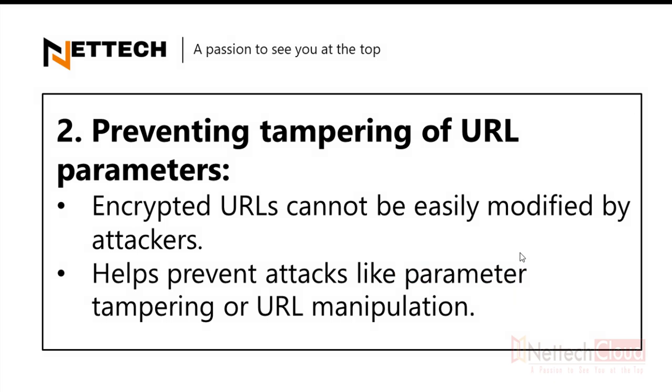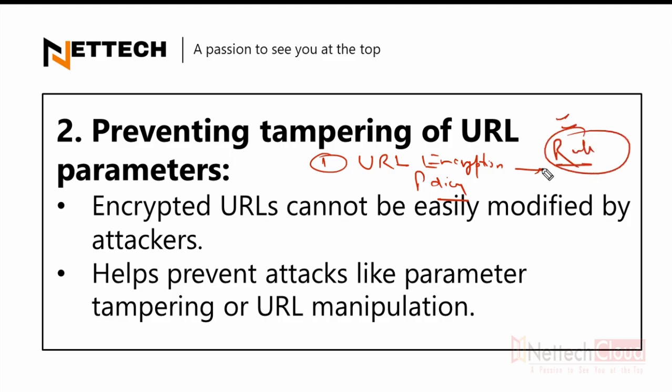So let me show you from where we can create a URL encryption rule and then a URL encryption policy, because there are basically two steps. First, creating a URL encryption policy, and in order to create a policy there should be your URL encryption rule. So the first step here would be creating the URL encryption rule, and then the rule is linked to the policy.